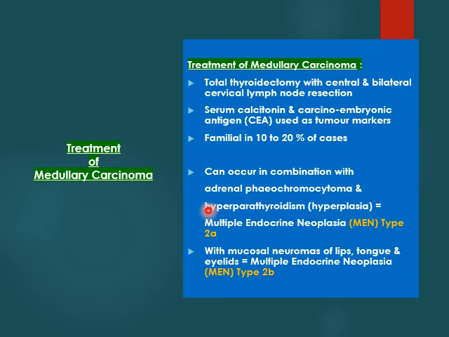These include the MEN type 2A, multiple endocrine neoplasia. So in cases associated with MEN, these patients have to be referred to the respective specialties for further treatment and management.